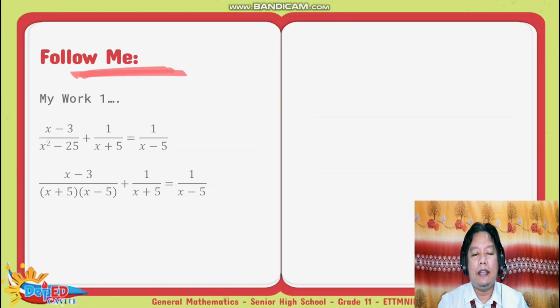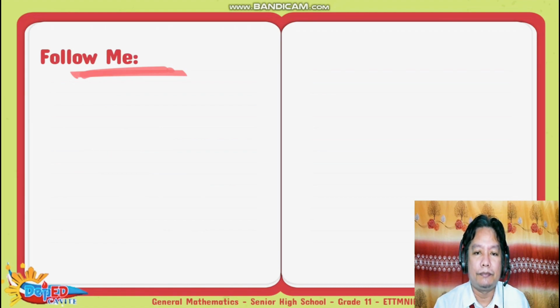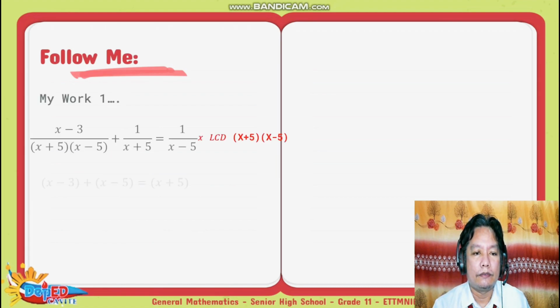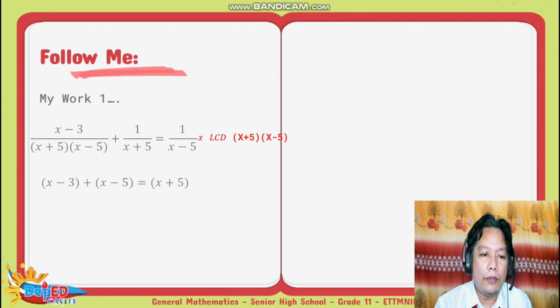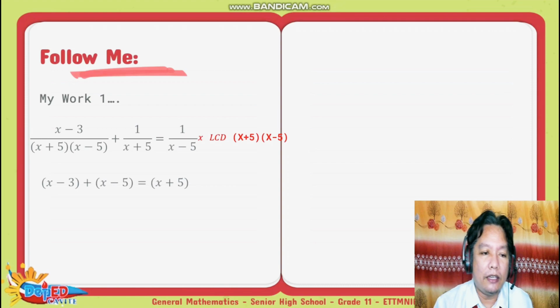So from those denominators, we need to get the LCD. And the LCD is x plus 5, x minus 5. If we divide the LCD by the first denominator, x plus 5 and x minus 5, that is equal to 1, times 1 times x minus 3, that is x minus 3.